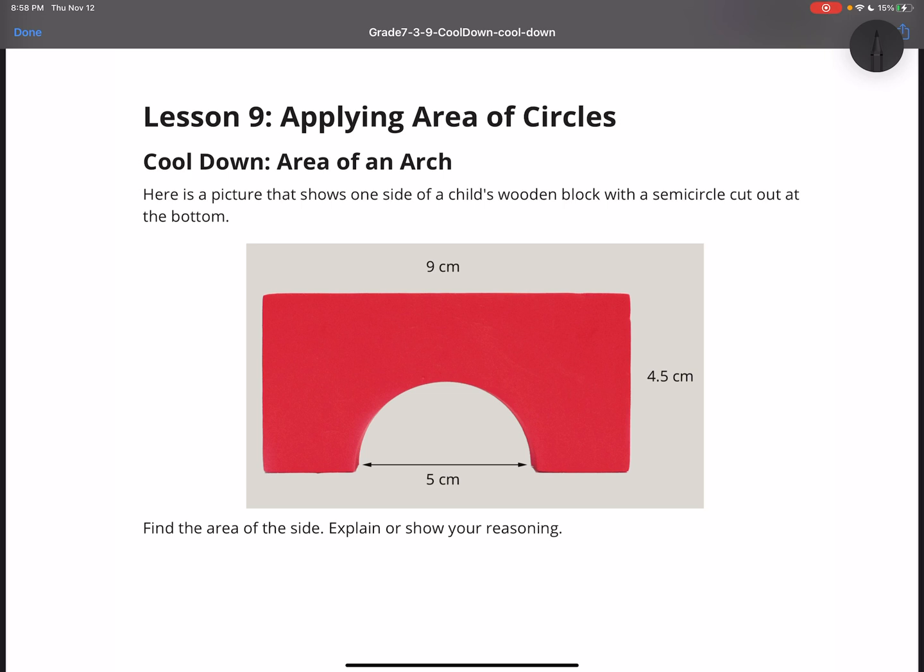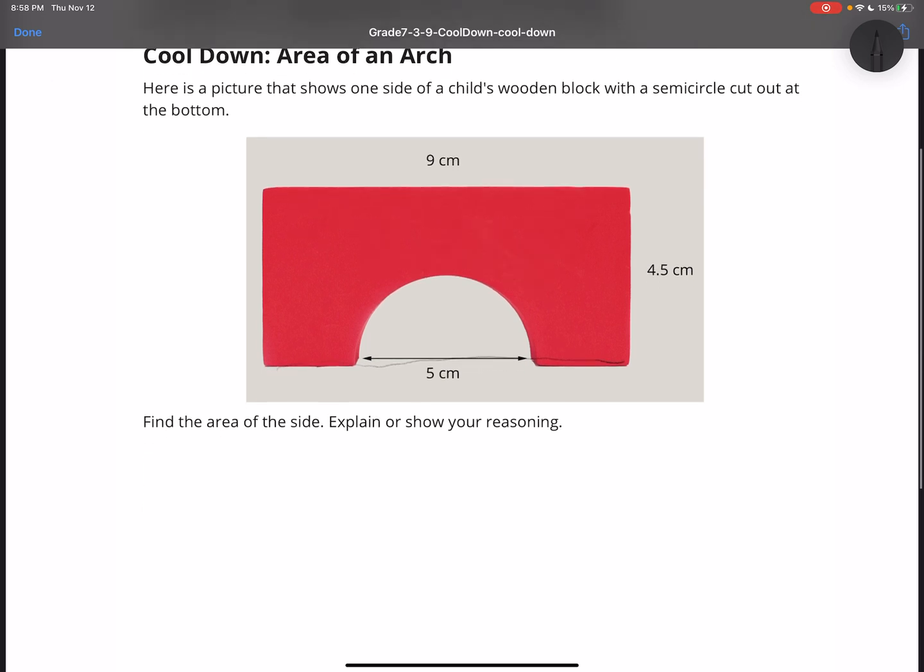All right. Now, what shape do you see that we can get an area of? What do you see? If you guess a rectangle, you are absolutely correct. So you're going to do 9 times 4.5, which is equal to 40 5/10.